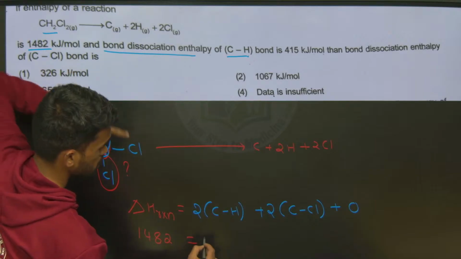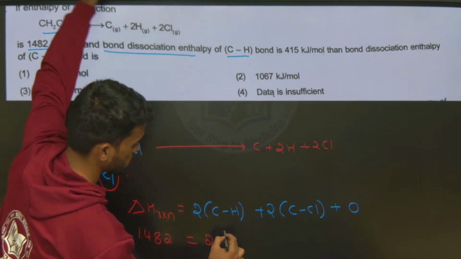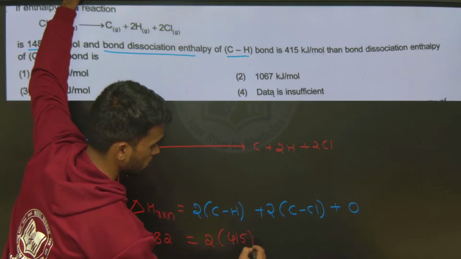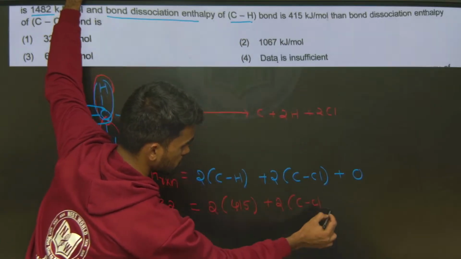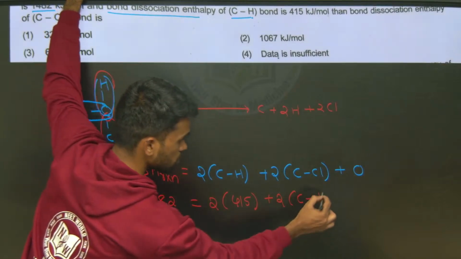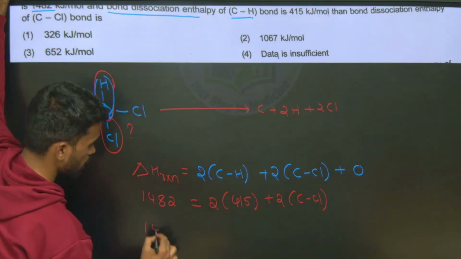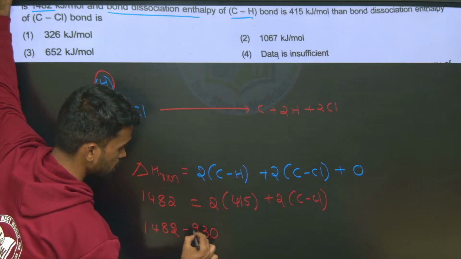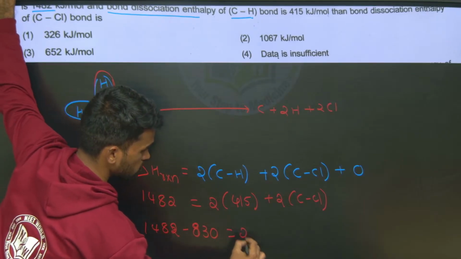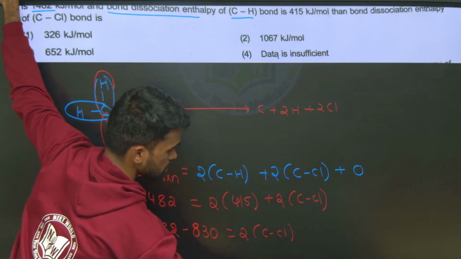1482. This is equal, and here 2CH is how much? Plus 2 CCl. Okay, next: 1482 minus 980 is 502. This will be CCl.